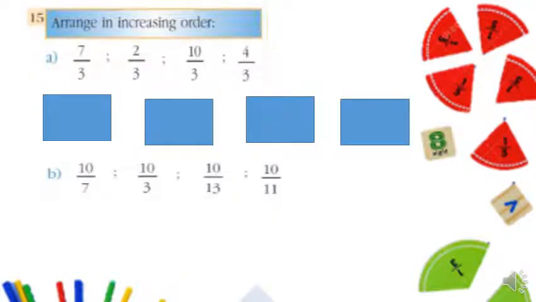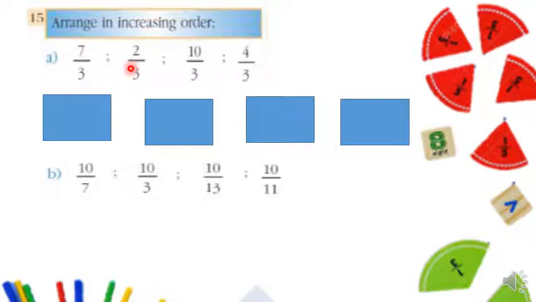Now let's start with exercise number 15, arrange in the increasing order. Increasing order means from the smallest to the greatest. Let's start with part A. We have 7 over 3, 2 over 3, 10 over 3, and 4 over 3. As you can see here, these four fractions have the same denominator. So in this case, we just compare the numerators.